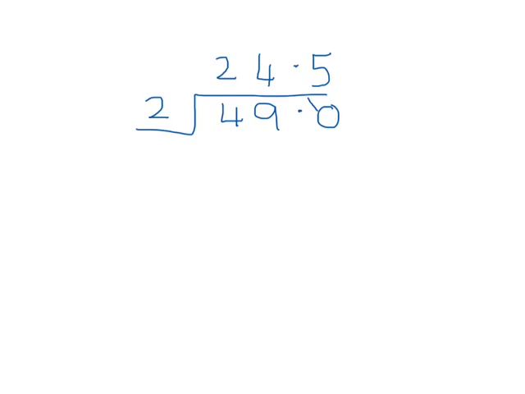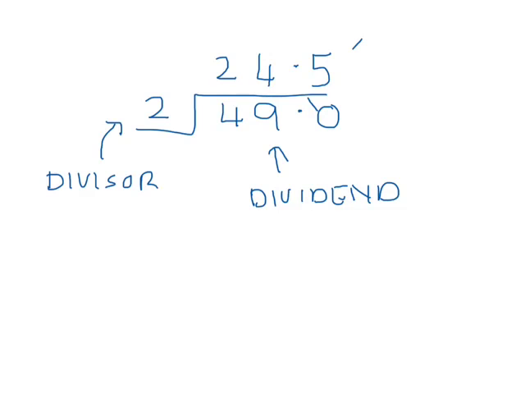Right, again, remember what this is called? The number you're dividing by is the divisor. The larger number you're dividing is the dividend. And your answer is the quotient.